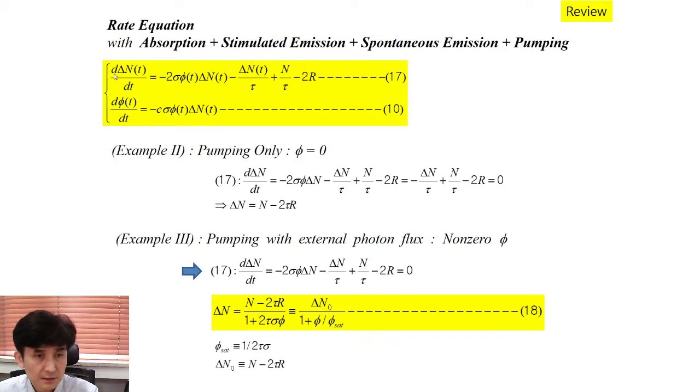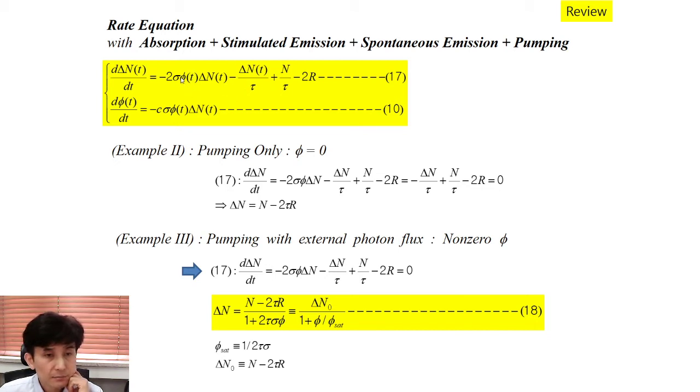We just considered the state of atoms with the effect of R pumping rate and the external photon flux phi, and tau and sigma are the properties of the gain medium atoms. So for a given gain medium, we have tau and sigma and the delta N, the total number of atoms per volume.